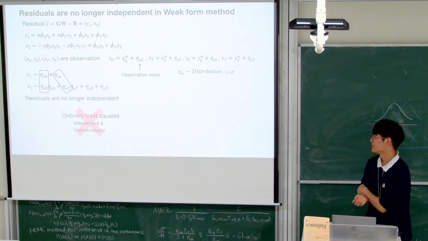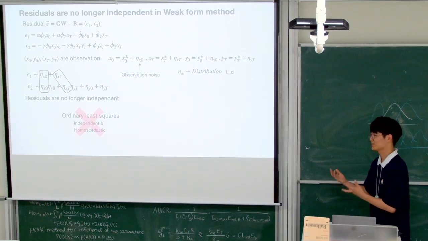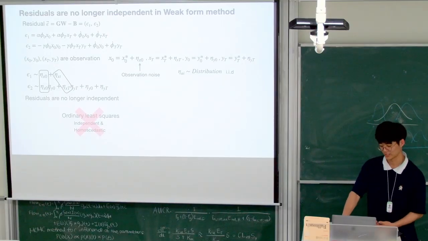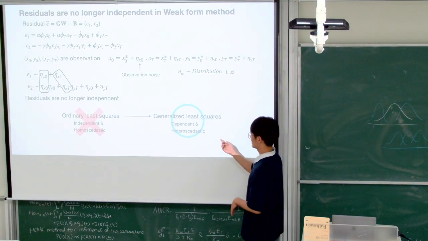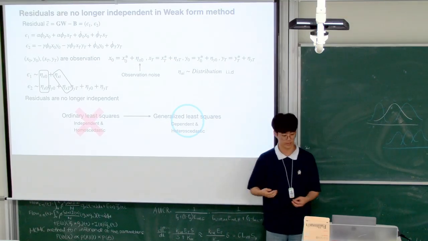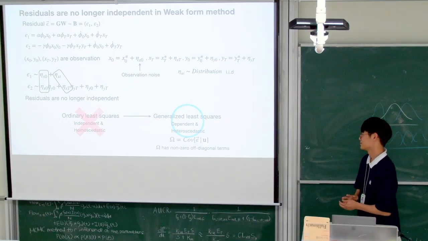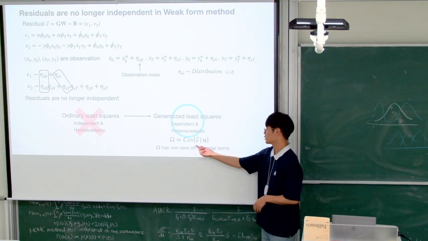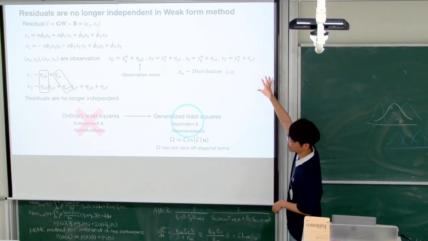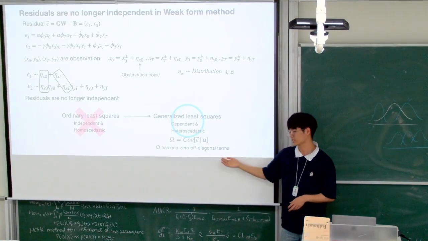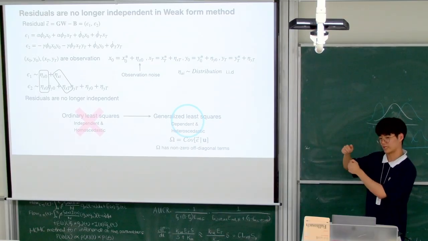So in our problem, residuals are no longer independent. You can say that we are not really good with ordinary least squares. But luckily, there is already a method for this, which people call generalized least squares. It deals with situations where residuals are dependent or heteroscedastic. We introduce the covariance matrix of residuals, omega. In our situation, the covariance matrix omega has non-zero off-diagonal components, so different residuals can be correlated.